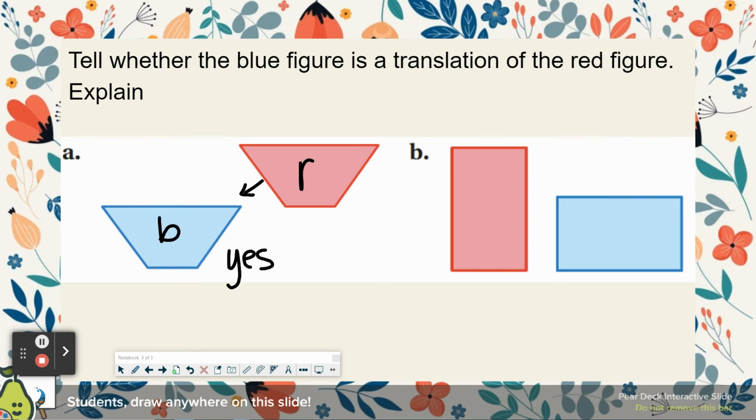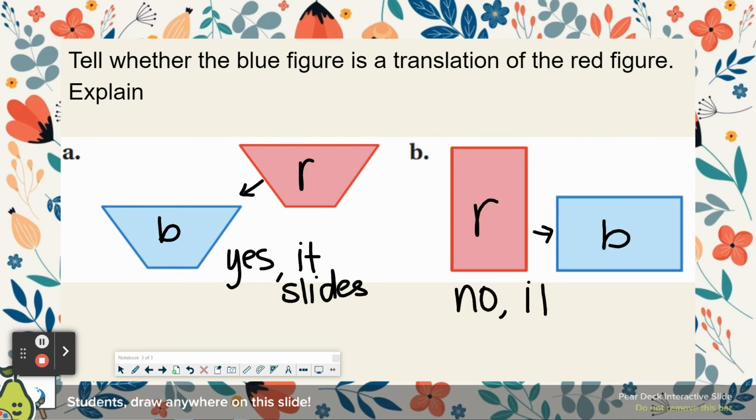So yes, it slides. B, red's the original, and then we look at the blue. That would be no, it rotates.